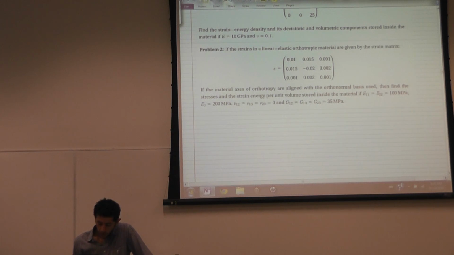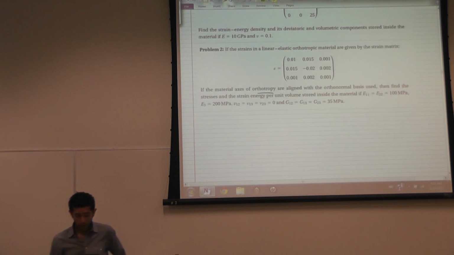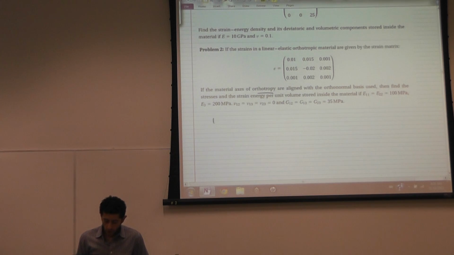Now if I have an orthotropic material, the only thing I can use is 1 over 2 sigma 1 epsilon 1 plus sigma 2 epsilon 2, and so on.